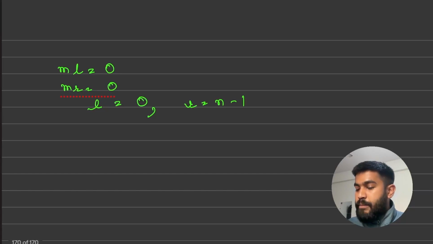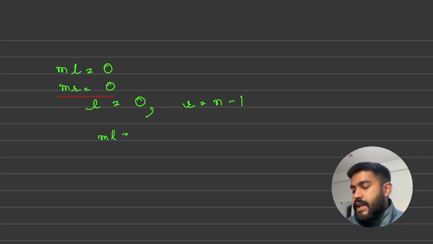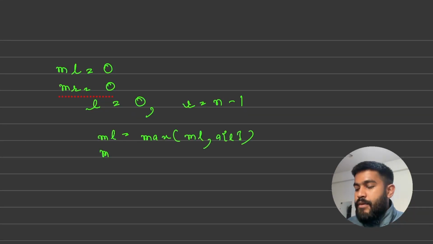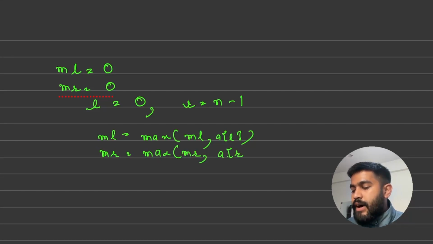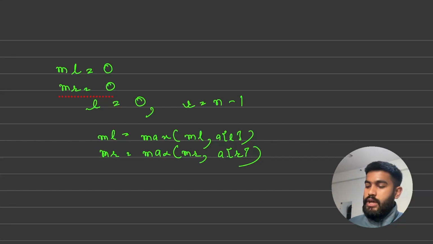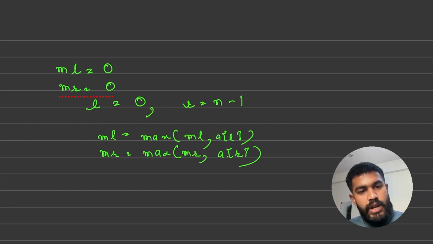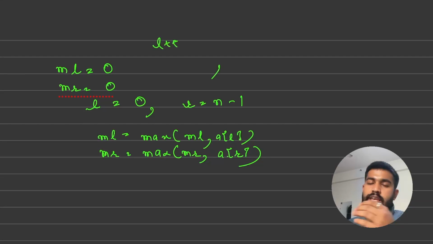How would we update? m of L is the maximum of what was already kept and the current height at L.